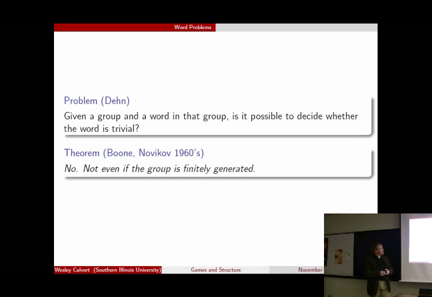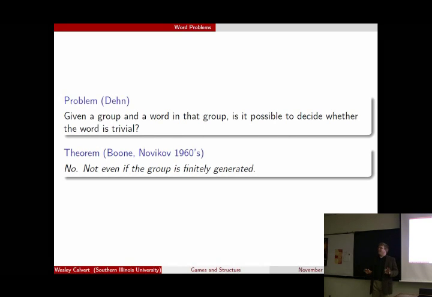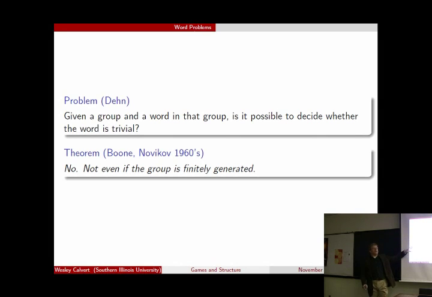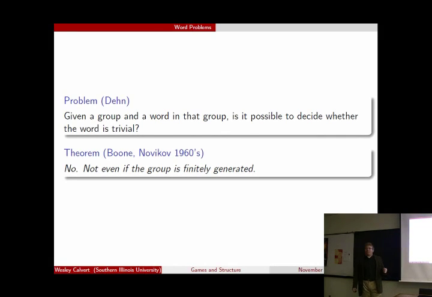And the answer is no. Not even with everything as good as you would hope. I mean, if you make some restrictions on the structure of the group, you can get it to be yes. But in general, even for finitely generated groups, the answer is no. But if you put the right restrictions on the structure of the group, you can get the answer to be yes.